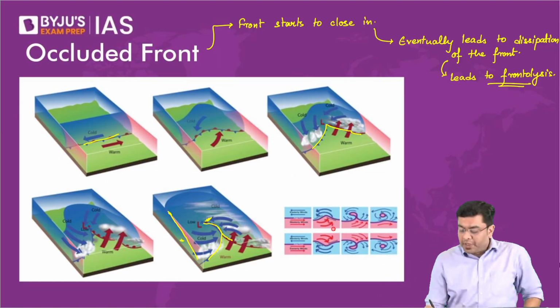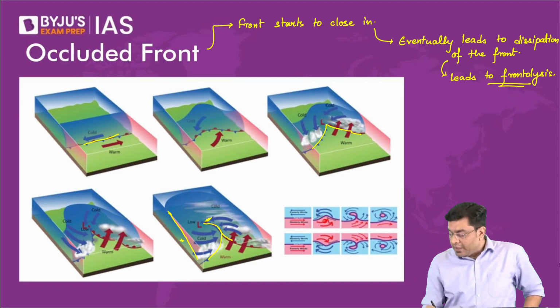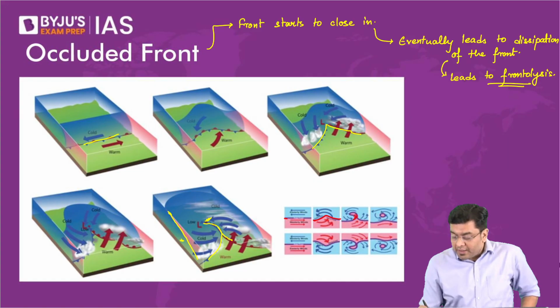So observe these tiny images here. Here also you will observe that initially you have cold winds in one region, warm winds in one region. Now over a period of time, you will observe that cold air will push in certain areas, warm air will push in some areas. Observe how the front starts getting deformed.